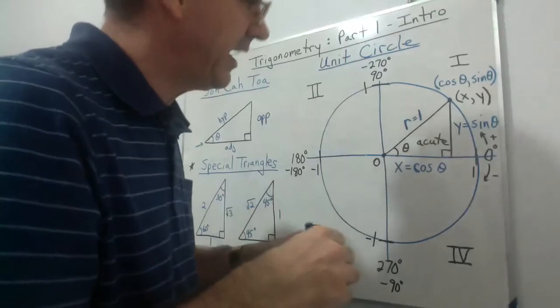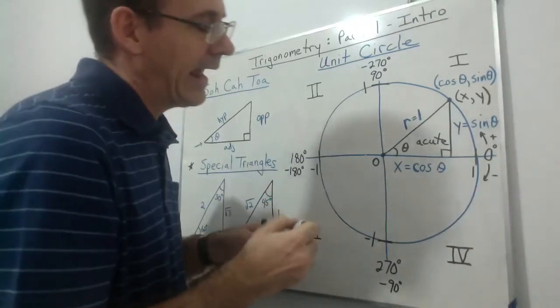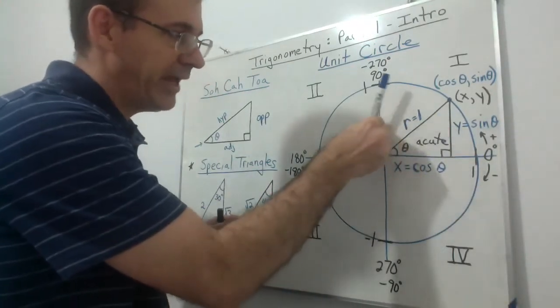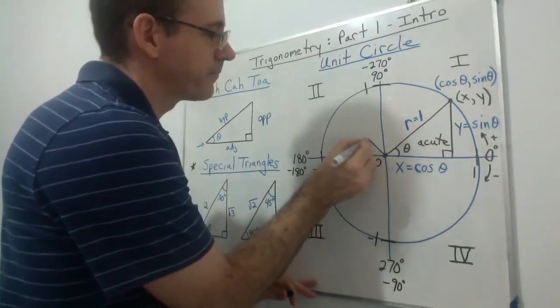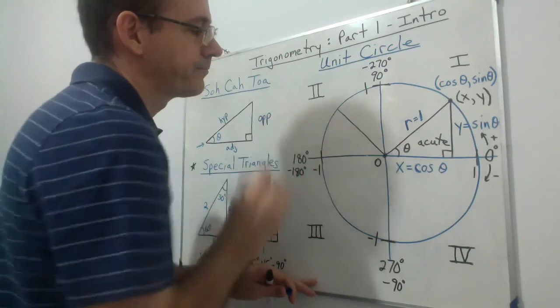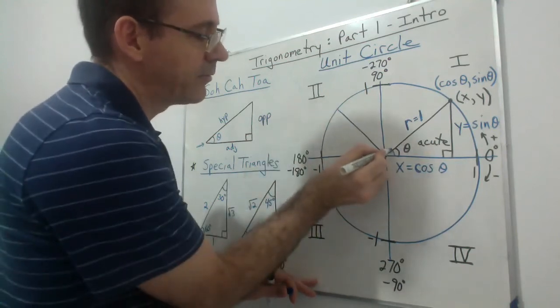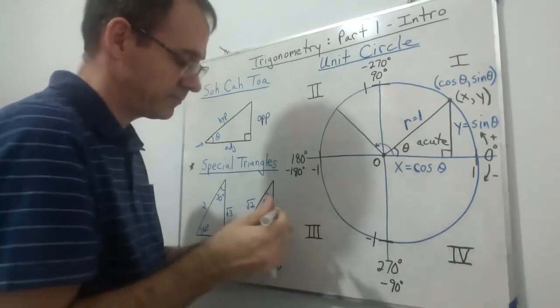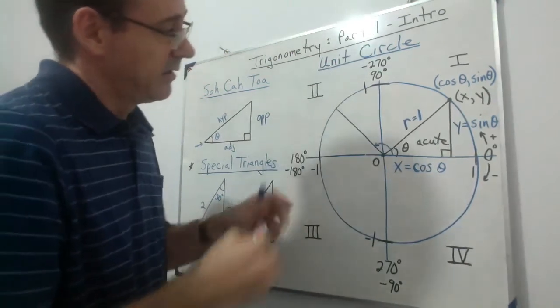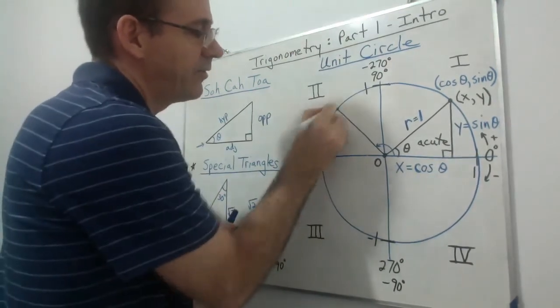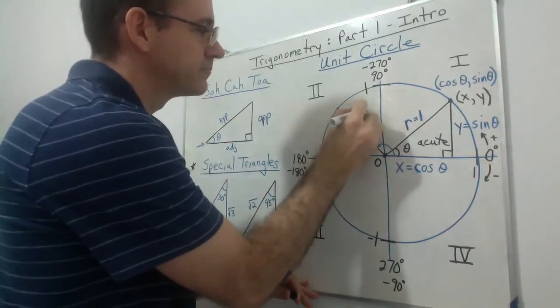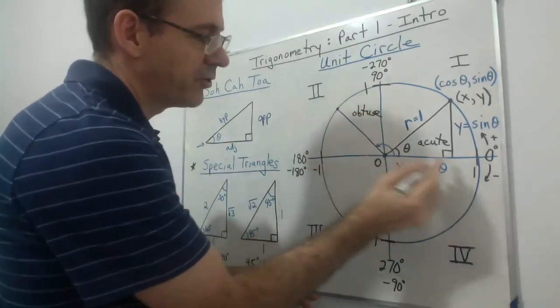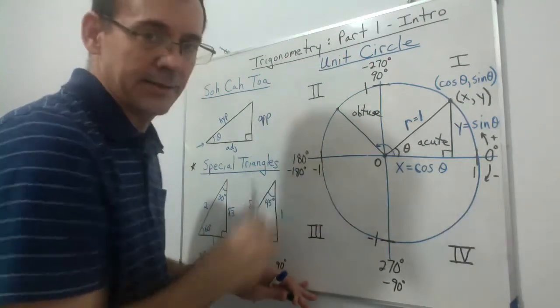Now, if you were to take your angle measurement and rotate beyond the 90 into the second quadrant, over here, now your angle rotation is over here, and you come to this point over here, this is now called obtuse, because you're greater than 90 but less than 180.